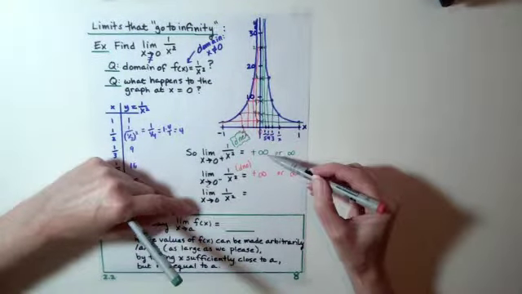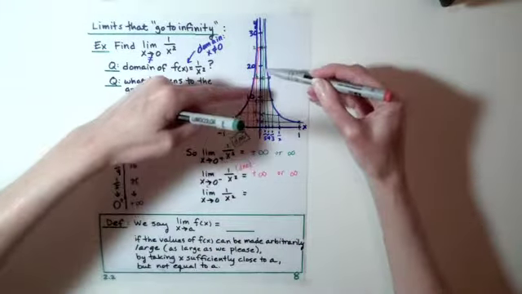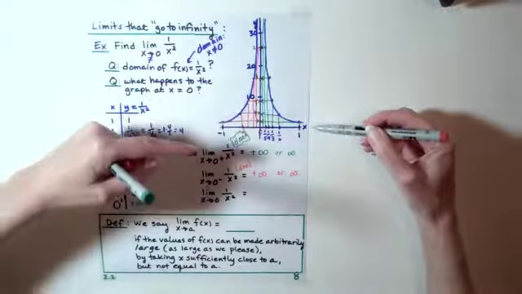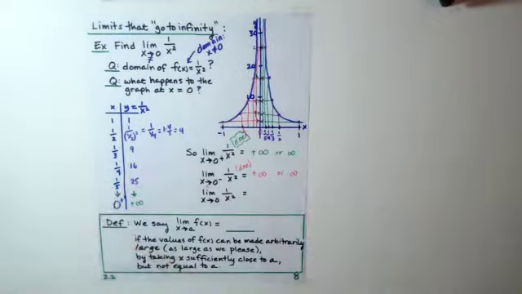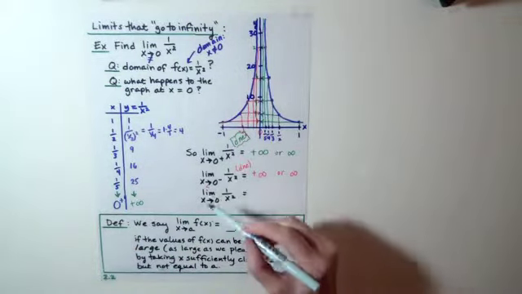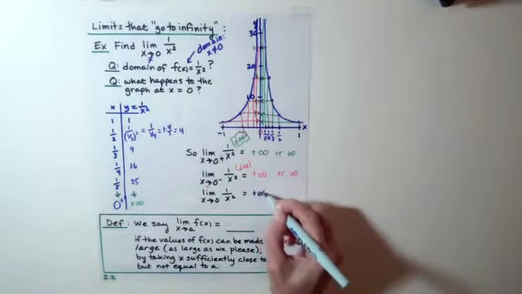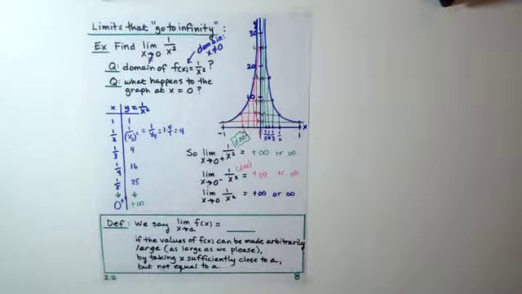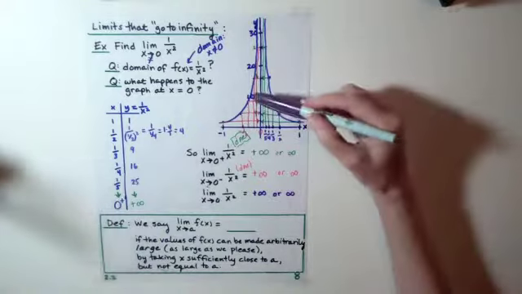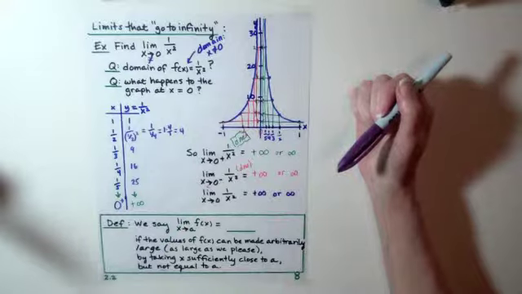And in this case, because the outputs are approaching positive infinity, just sort of screaming up towards larger and larger values as we approach both from the right and from the left, since they're approaching this same infinity, as a final answer, we say that the overall limit as x approaches 0 of 1 over x squared is positive infinity, or again, if you want to, you can write infinity. And again, that means that this overall limit also does not exist because the y values are just getting unboundedly large as we get closer and closer to 0 from either direction.